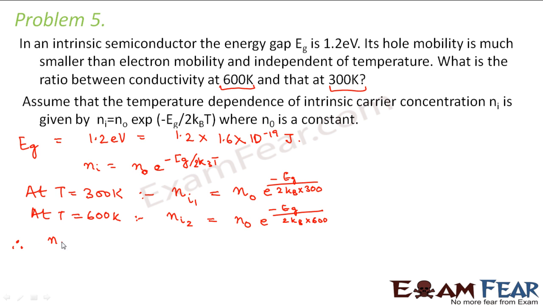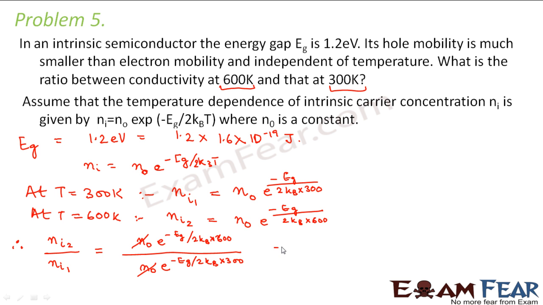So therefore we can say that Ni2 divided by Ni1 is equal to N0 e^(-Eg/(2kB × 600)) divided by N0 e^(-Eg/(2kB × 300)).